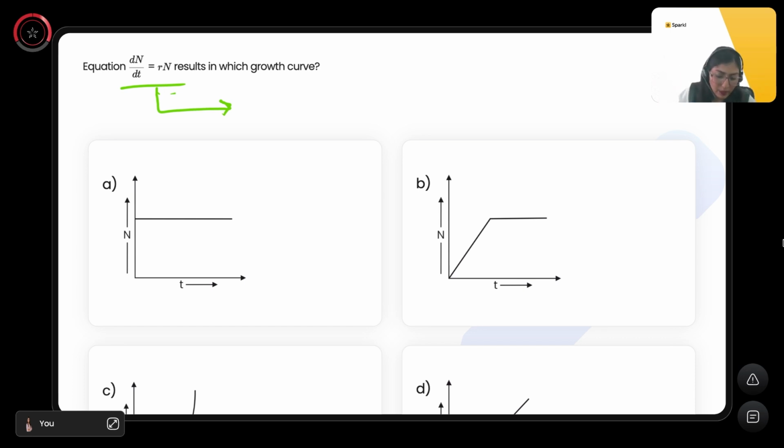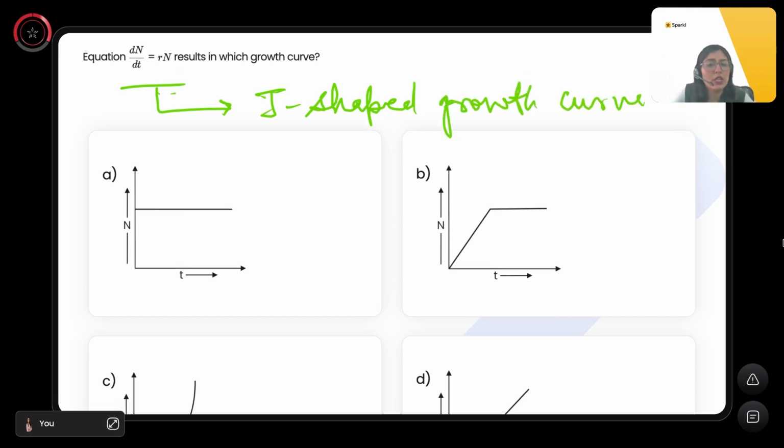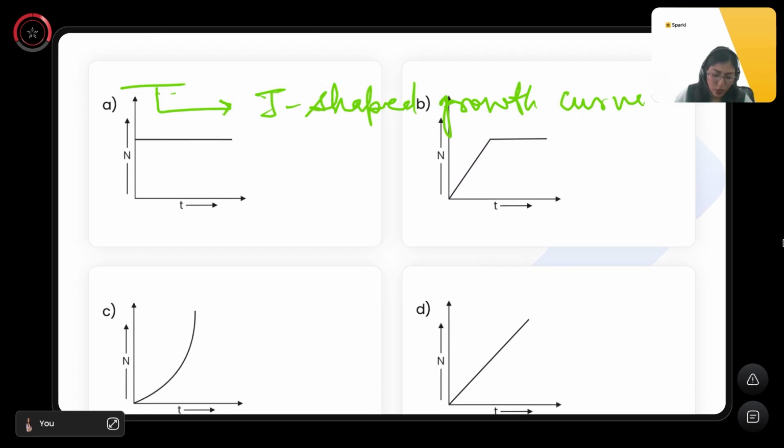This particular equation is for the J shaped growth curve, and this is what you see in case of exponential growth. So the correct answer here would be option C.